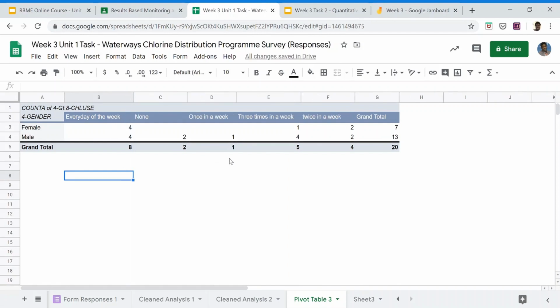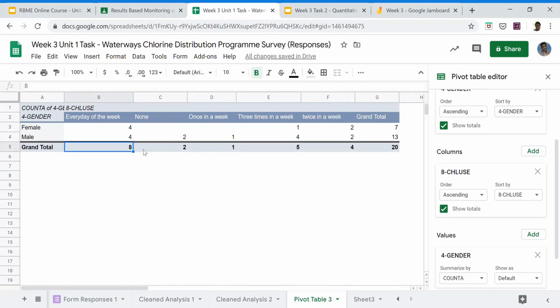This quickly tells you the number of females and males that use this every week, and also it tells you that 8 out of the 20 use chlorine every day of the week to purify their water.